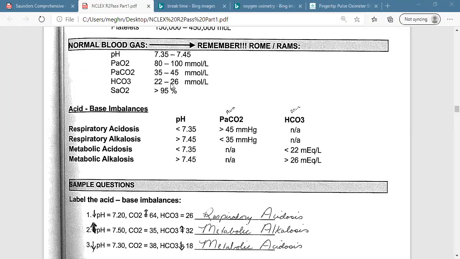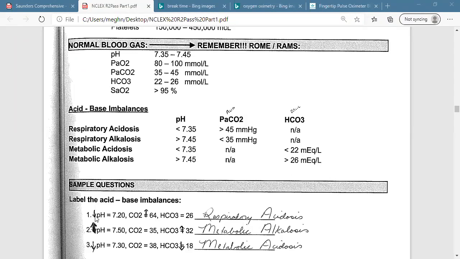22 to 26, right? Normal range here. So now go to the third stage. First of all, when a question comes with a scenario like this, blood gas analysis, they give us three numbers: pH, carbon dioxide, and bicarbonate ion, right?